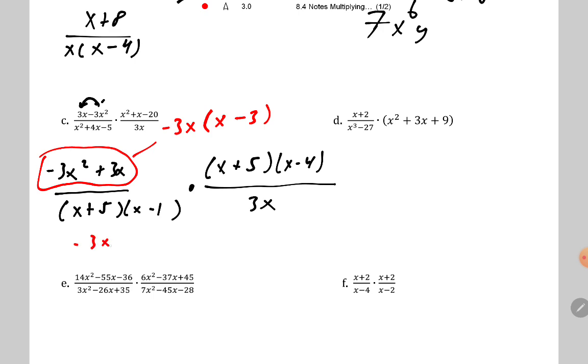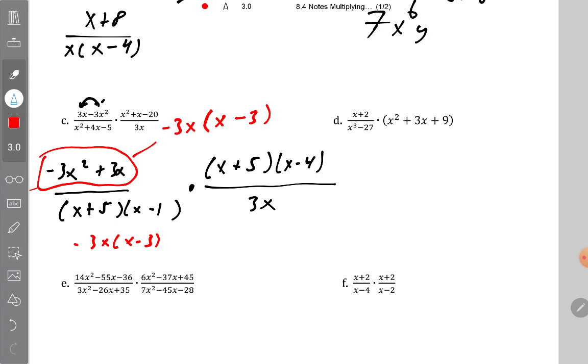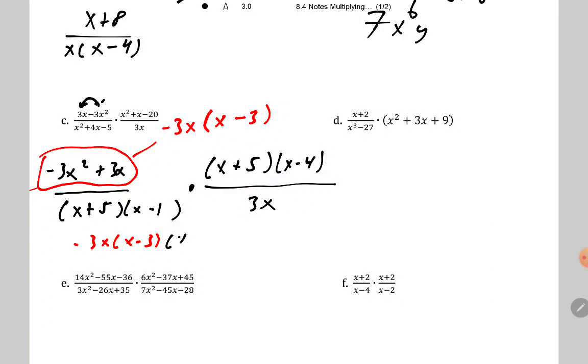So we have the negative 3x, x minus 3, times the rest of the stuff, x plus 5, x minus 4. On the bottom, we have x plus 5, x minus 1, 3x.